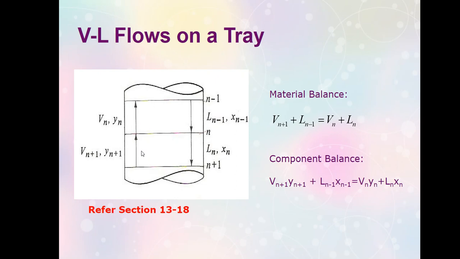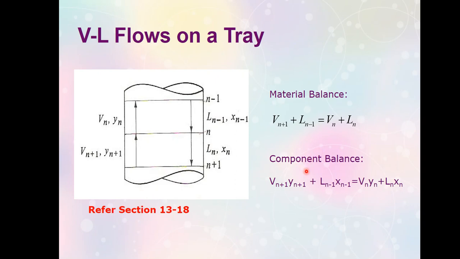When we do material balance, it's the same as in other multi-stage unit operations: we add up the streams that enter a particular stage. In this case, that would be V sub n plus 1 and L sub n minus 1. And we add up to that the vapor and liquid phases that leave, V sub n and L sub n. We add the two. They should be the same.